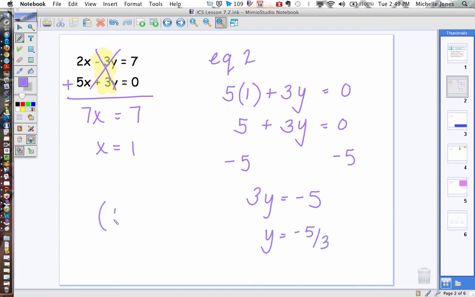So your point is x comma y, or 1 comma negative 5/3. This is your point of intersection. If you were to graph both of these functions, this is where they would meet. So that's your solution.